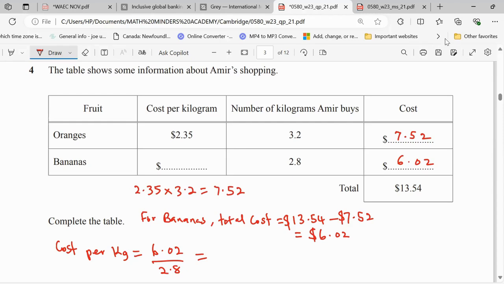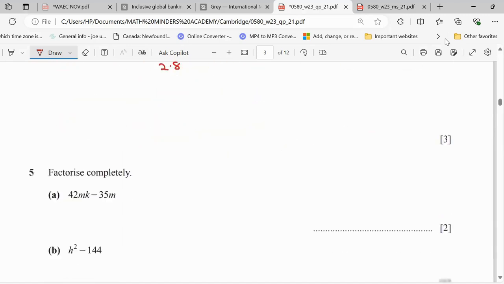This is the cost for these 2.8 kilograms. So for 1 kilogram, you will divide by 2.8, and that will give us 2.15. And so we've been able to fill up the table.